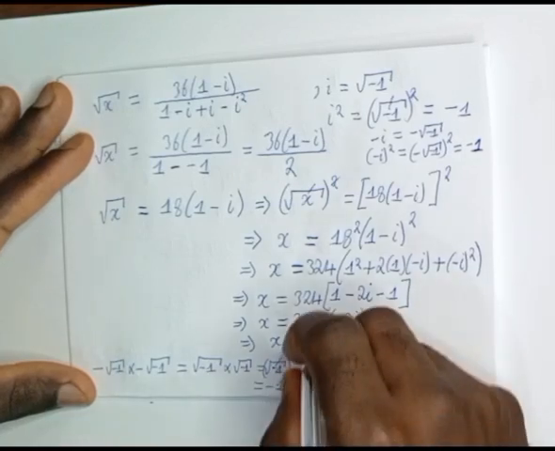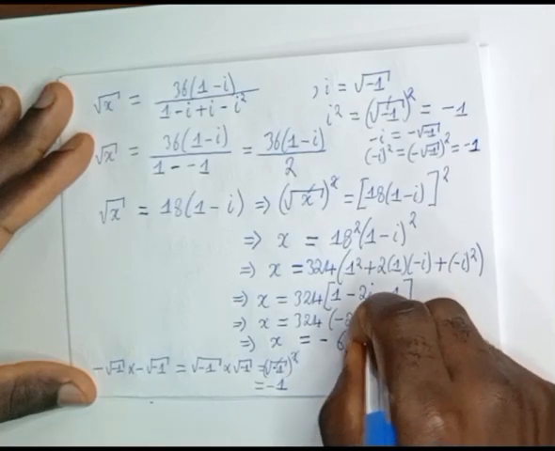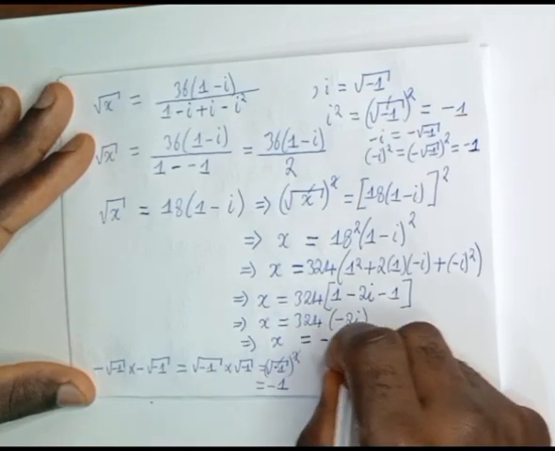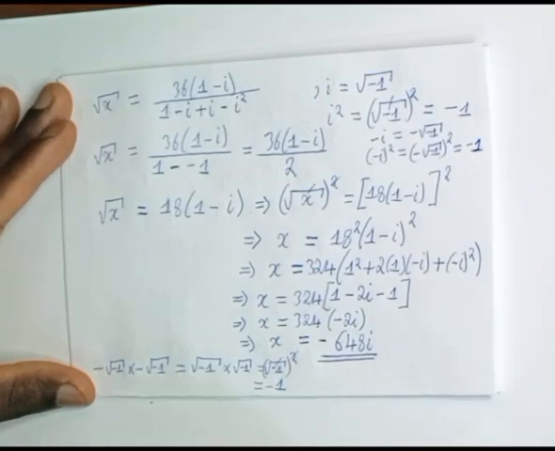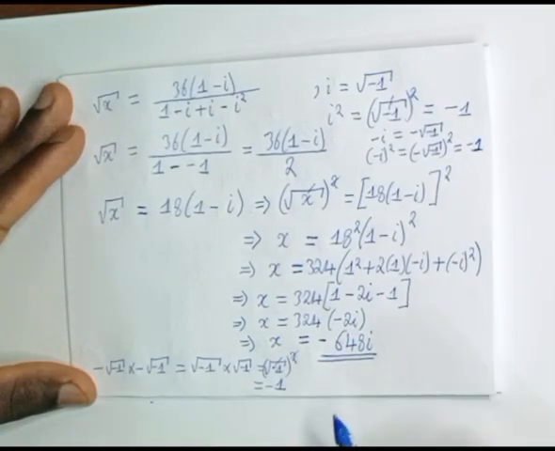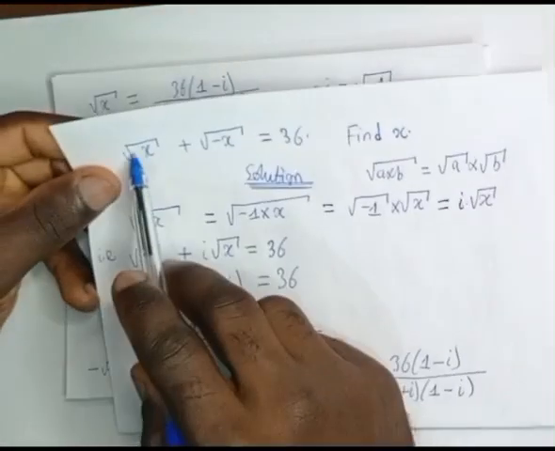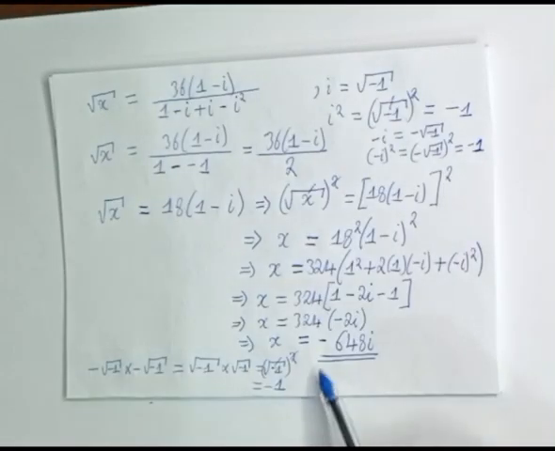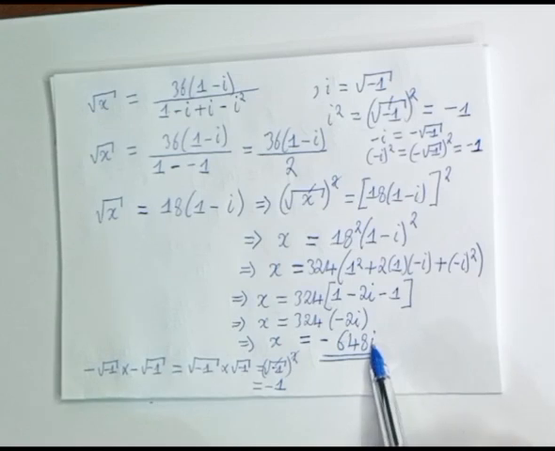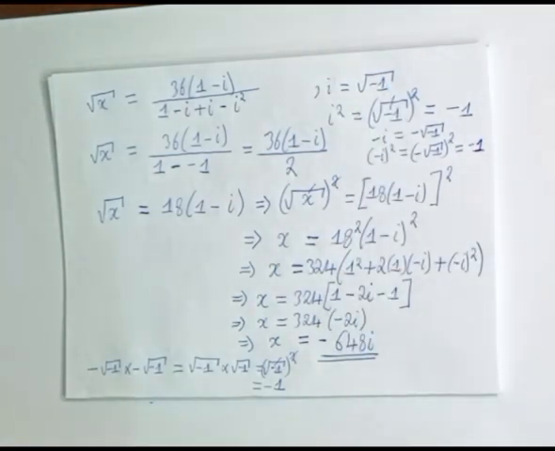This will simply be equal to negative 648i. Therefore, the value of x for which root x plus root negative x is equal to 36 is negative 648i, where i is the square root of negative 1.